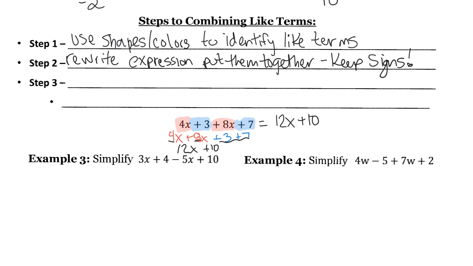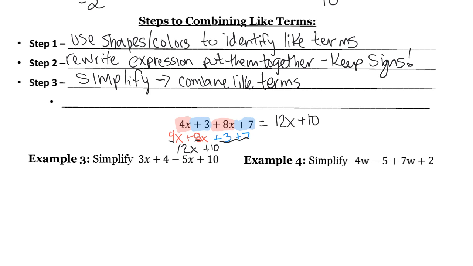Okay, so let's look at one more example together. Oh, sorry, I missed some steps here. So step 3 is what I did here. We just simplify. So this is really when we combine our like terms. This is our combine like terms step.